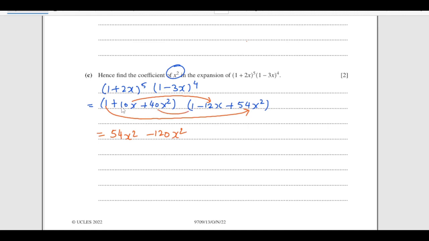Then 40x squared is going to multiply by 1, plus 40x squared, right. When you calculate, this comes out to be negative 26x squared. So the coefficient of x squared in this expansion is negative 26. So our answer is negative 26.